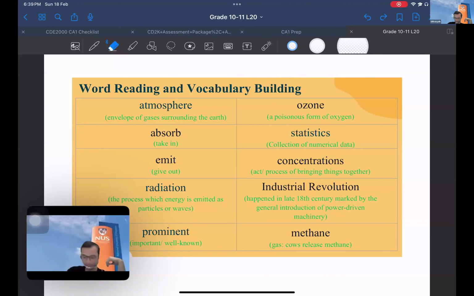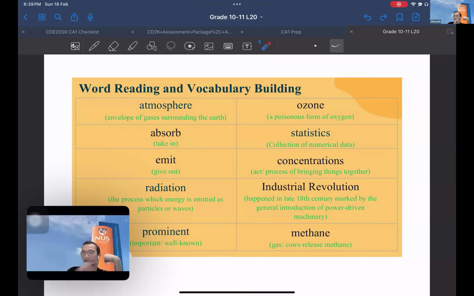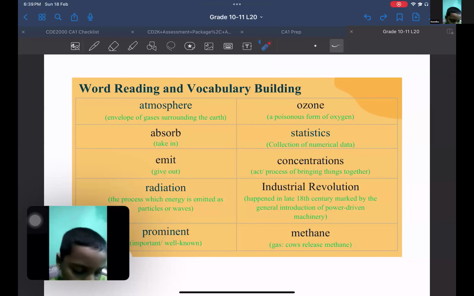Emit is also something related to space. The sun emits sunlight or emits UV rays, radiation. Emit basically means to give out, but it's usually not like giving out posters to people. We don't say, oh, I emit posters to the group of people in the mall yesterday.